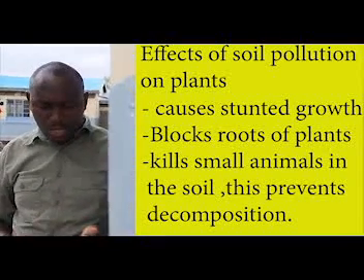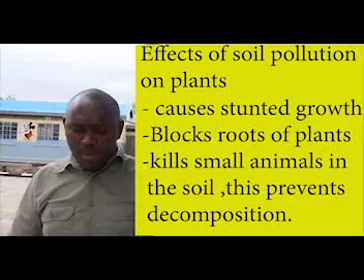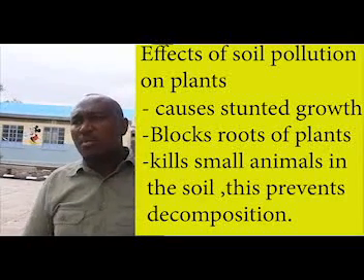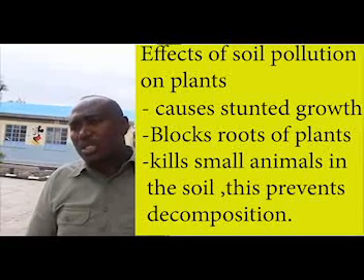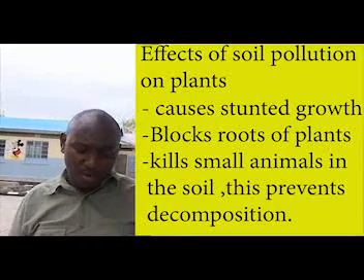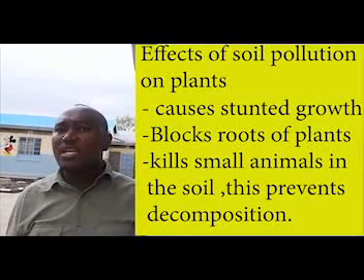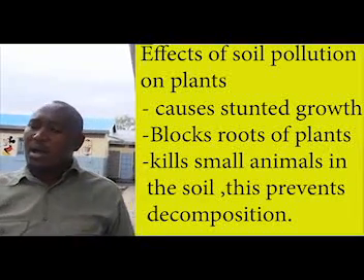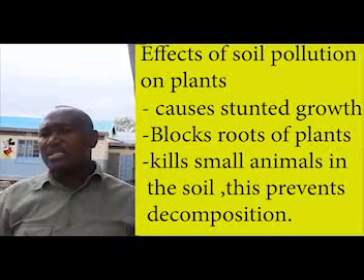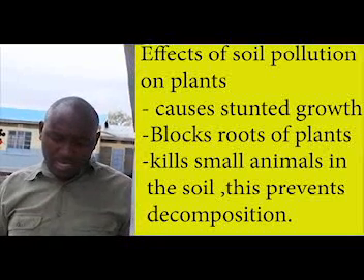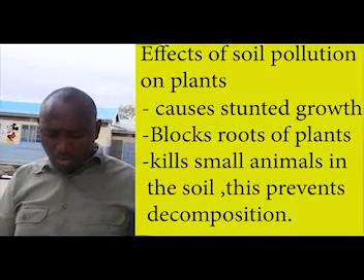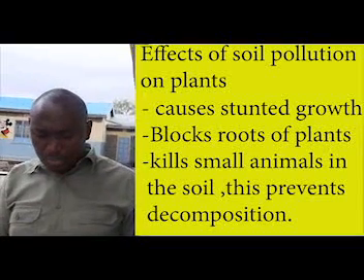Also, the growing of roots of plants may be blocked. When the roots are blocked, the plant is going to wither or dry. Absorption of water and mineral salts, as I have said, will not take place if the roots' penetration is hindered by these metal parts and plastic materials. They make it not good for plants to reach.